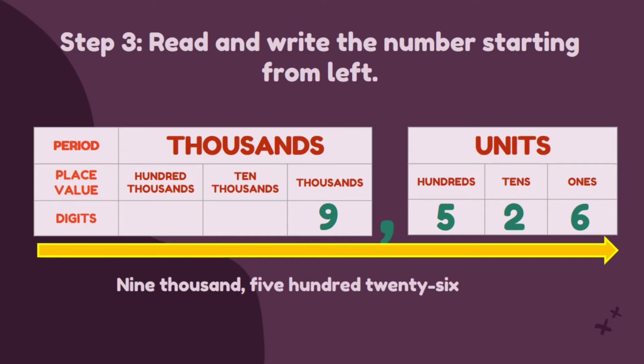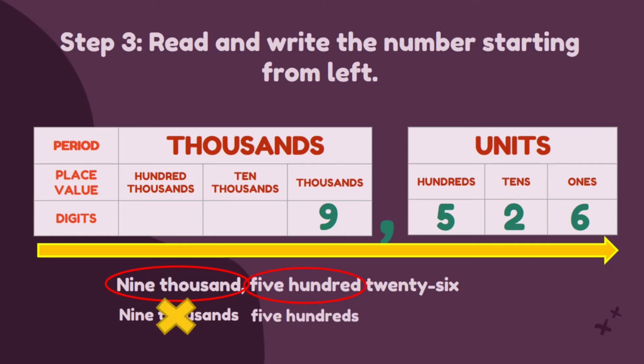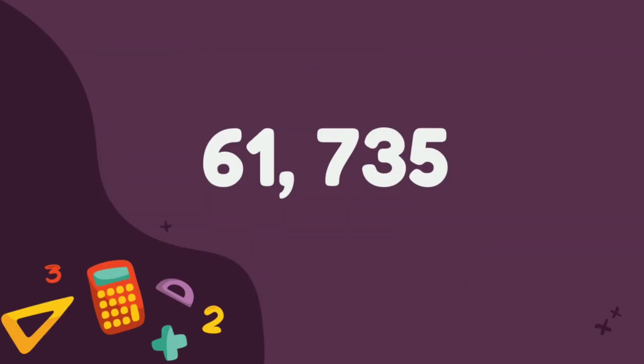Remember that we use the singular form, so we say 9,000, not 9,000s, 500, not 500s, 20, not 2 tens, and 6, not 6 ones. That's wrong. Let's have another example.